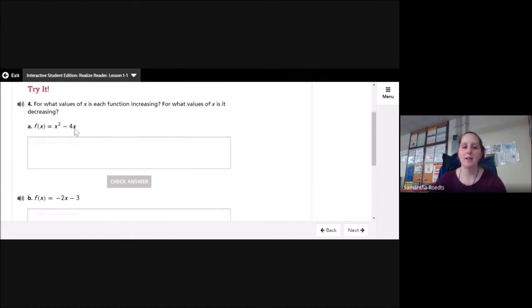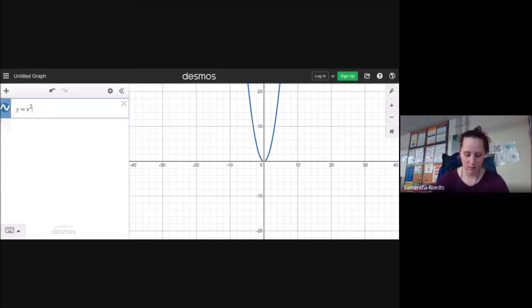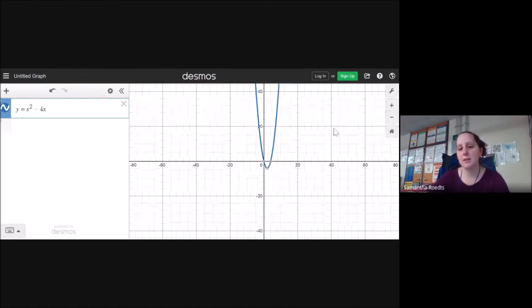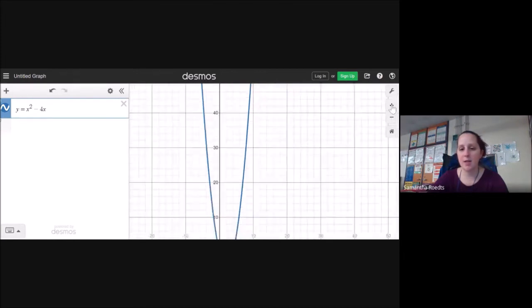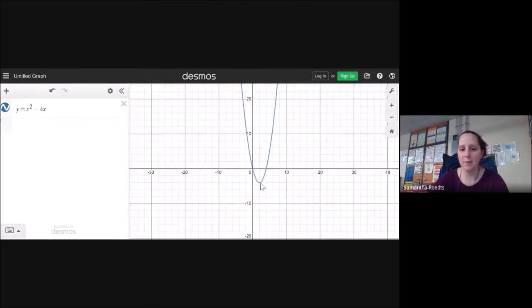I have f of x equals x squared minus 4x. If I'm coming down, I'm decreasing. Here is my minimum point. The bottom point is right here at (2, -4).